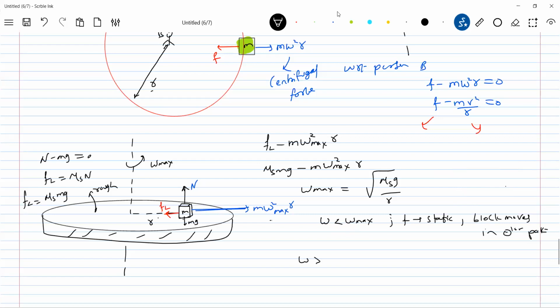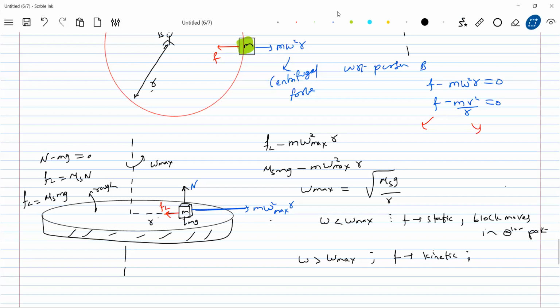If omega greater than omega max, what will the friction acting be? Limiting friction or kinetic, better you write it. How will the block move? Block moves in a circular path.